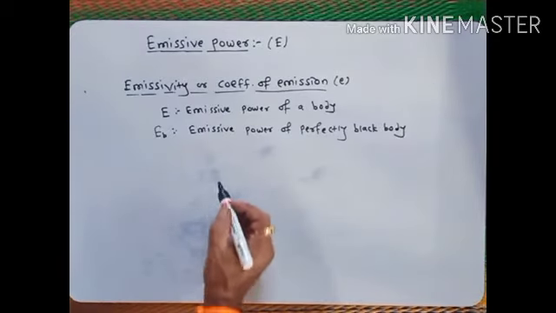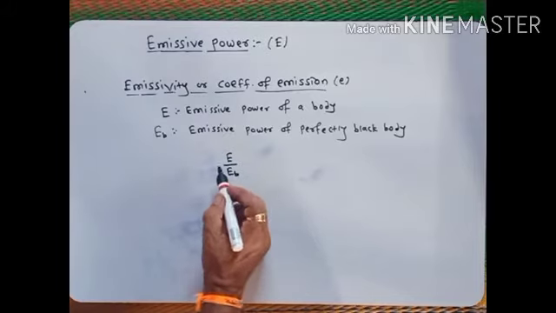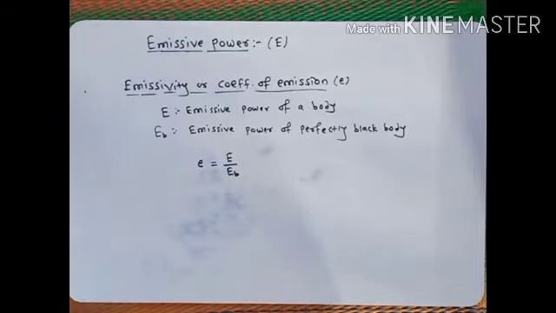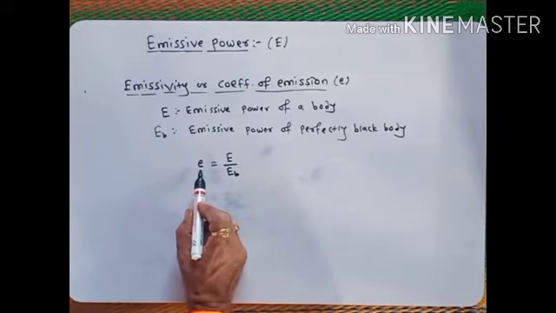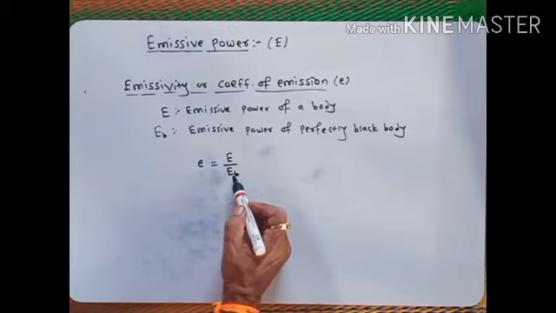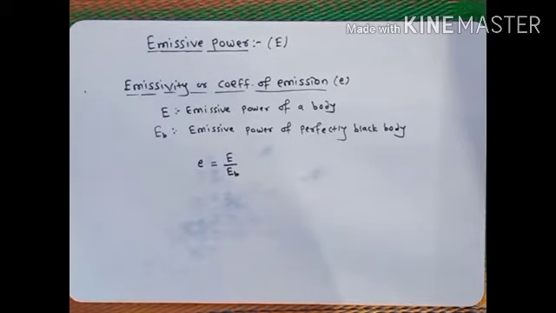If we take the ratio E upon E_B, then this ratio we call small e, the coefficient of emission. That means the coefficient of emission is the ratio of the emissive power of a body to the emissive power of a perfectly black body. This is all about emissive power, emissivity or coefficient of emission.